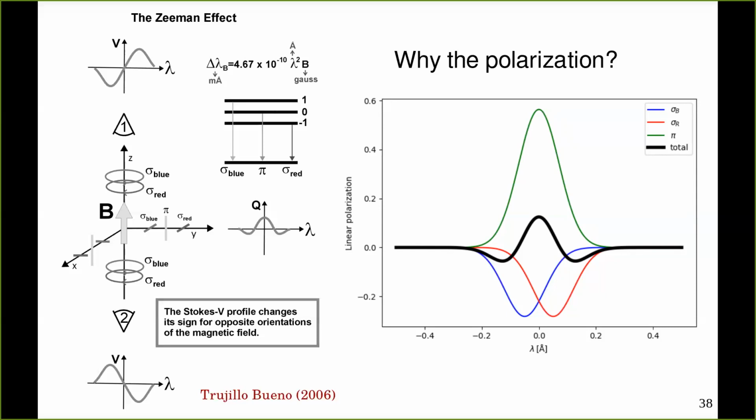Okay, so this was it for today. Just to show you what Stokes parameters are, how we measure them. We didn't talk about the instruments, we didn't talk a lot about modulation and so on. On Thursday, Valentin Martinez-Pillet will give us a talk.